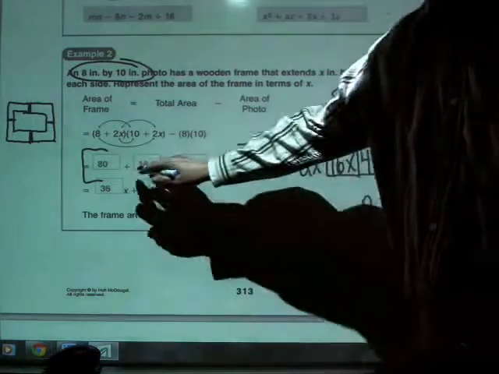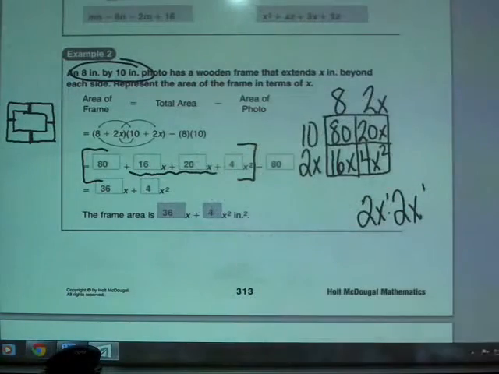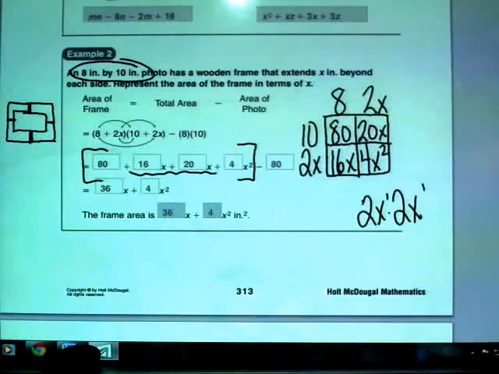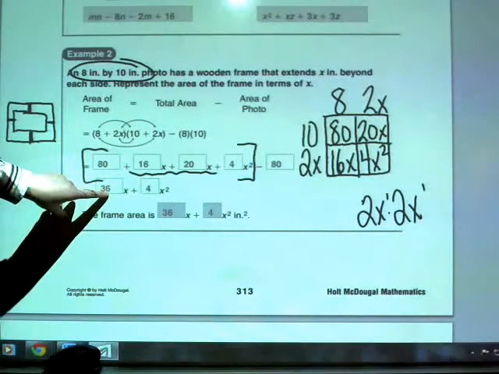First off, you've got 16x and 20x in the middle. Those are like terms because they both have regular old x in them. Since they both have regular old x in them, we can combine them based on that fact alone. 16x's and 20x's goes together to make 36x's, which is what you can see they've listed right here.